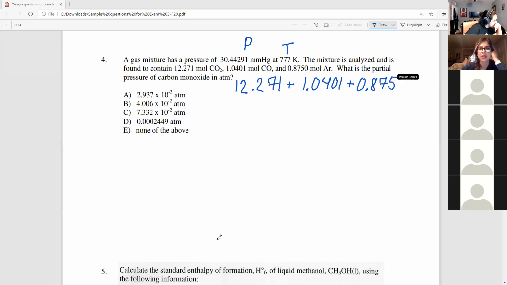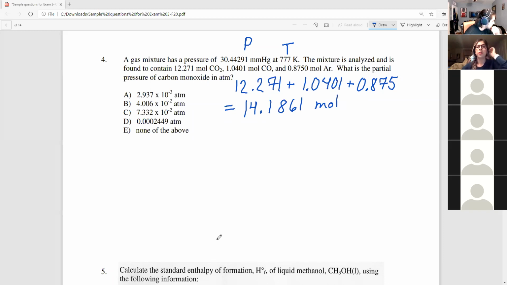So we're going to add that all together, and what do we get from that? I got 14.1861. 14.1861. Yeah, okay, and so this is our total moles.